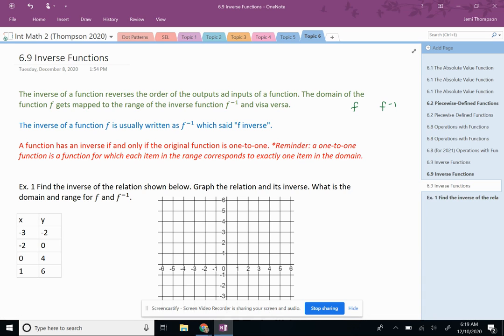This looks like f to the negative 1 power, but it's not. It's actually f inverse. Whatever I have for my domain gets mapped to my range for the inverse, and whatever I have for the range of my original function gets mapped to my domain for my inverse.